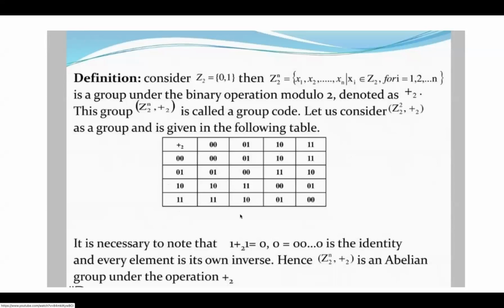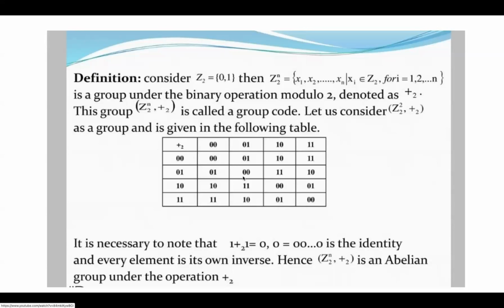This is the composition table if we consider the modulo 2 operation, that is binary addition. Why have we taken this sequence of 2 of 0 and 1? Because here we are considering Z square. Let us consider Z square binary addition as a group, given in the following table.